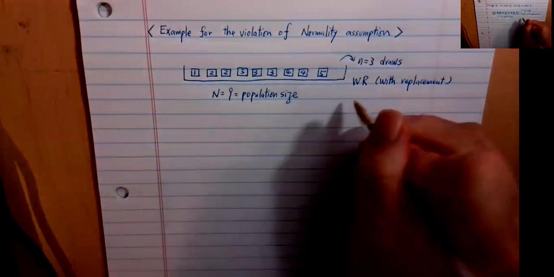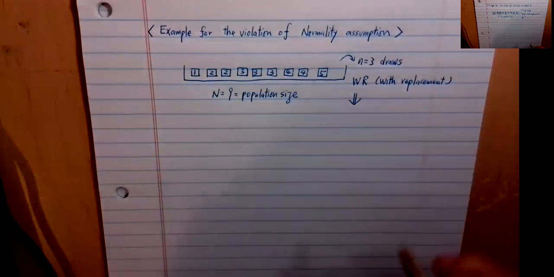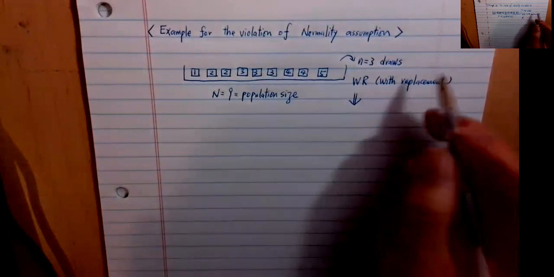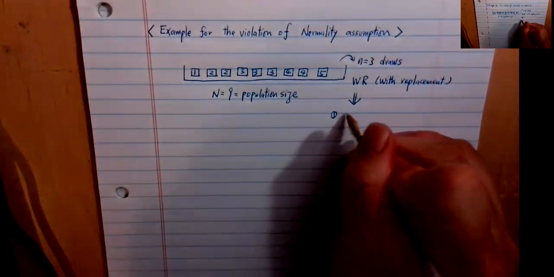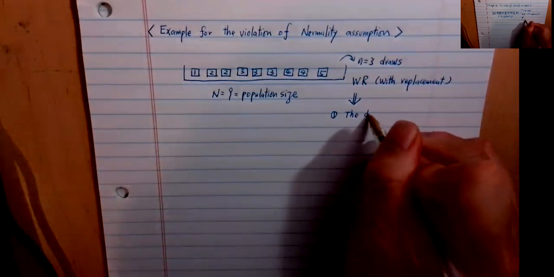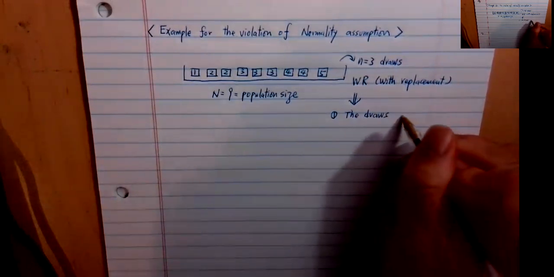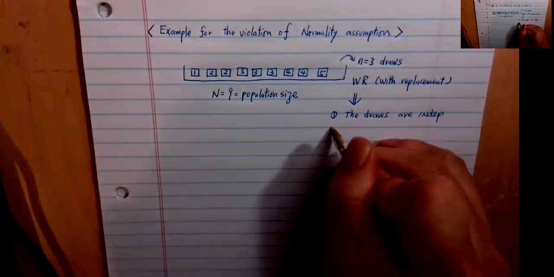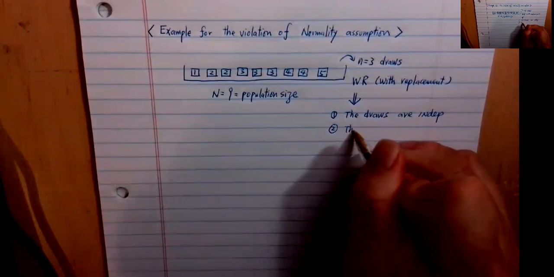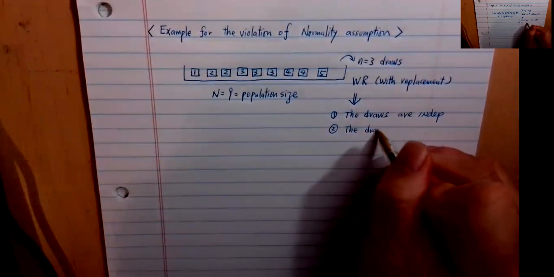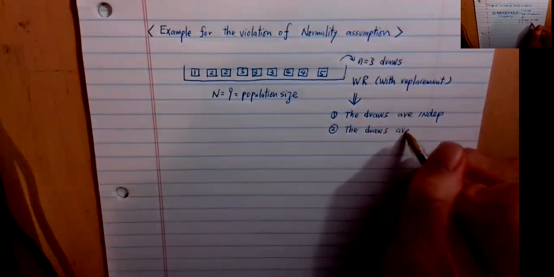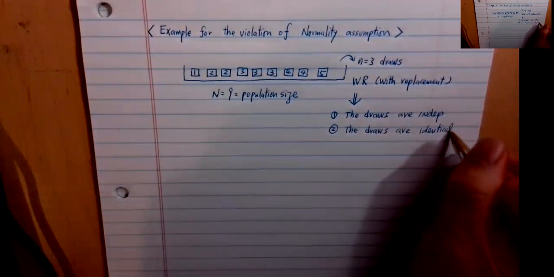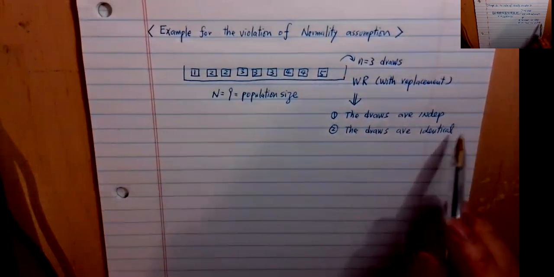Since it's with replacement, as we discussed earlier in the central limit theorem, when I make the draws from the box with replacement, the draws are independent. And the draws are also identical. So the draws are independent and identical.